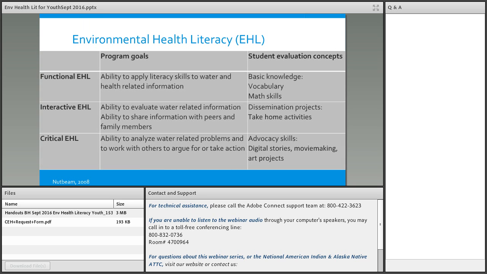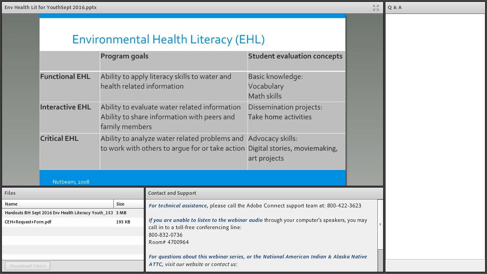And so the other model that we had to develop as we were thinking about this program was to think about what is environmental health literacy. This is getting a lot more attention in the past couple of years, building off of health literacy, but going into the specific area of environmental health.